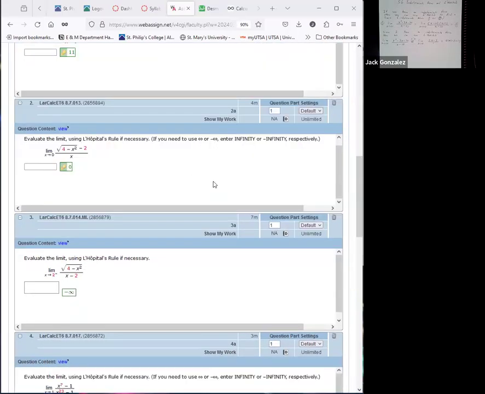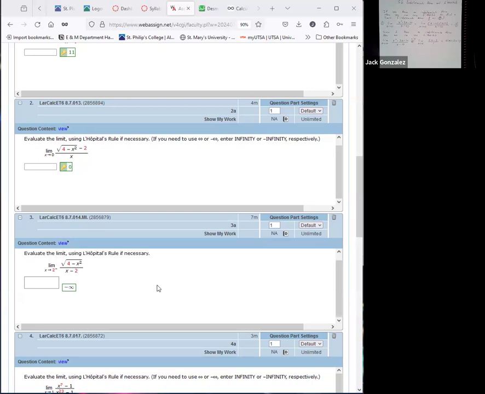When you plug in 0 here, it's going to become 0 over 0. So you can do the exact same thing we just did. The only difference now is the derivative of this top part is a chain rule, so it's kind of tough. It's not too bad.